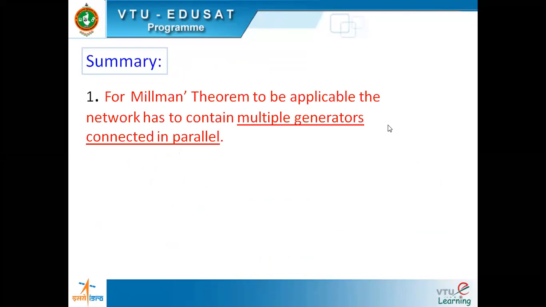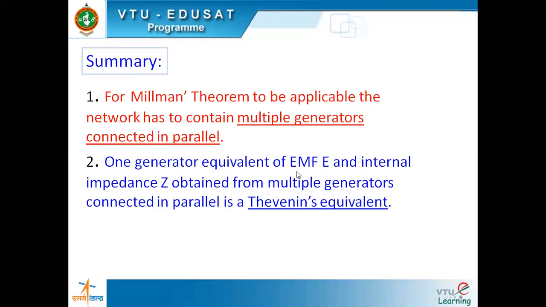What is the summary? For Millman's theorem to be applicable, the network has to contain multiple generators connected in parallel. Multiple generators means a voltage source in series with an impedance. One generator with EMF E and internal impedance Z, obtained from multiple generators connected in parallel, is actually the Thevenin's equivalent. Whatever we do in Millman's theorem is actually obtaining the Thevenin's equivalent.